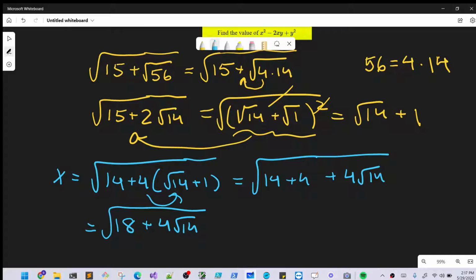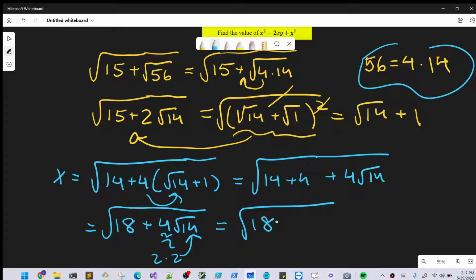And then I want to repeat what we did up top here, and get this to be a 2 so we can get it into a perfect square again. So if we separate this 4 out and write it as 2 times 2, then we can move a 2 inside of the square root, and we're going to have 18 plus 2 square root of 56.